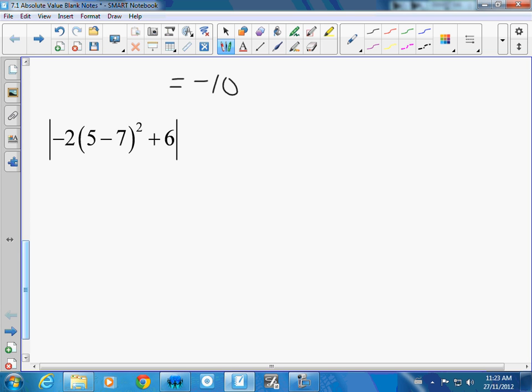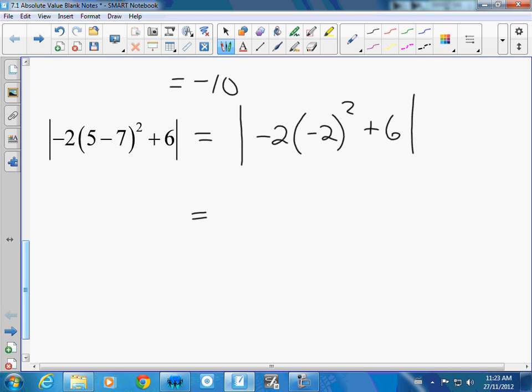Okay, let's see what we get here. So what do you do first? 5 minus 7, which is negative 2, squared, plus 6. We do that first. Now what do we do next? The exponents. So negative 2 squared is positive 4.